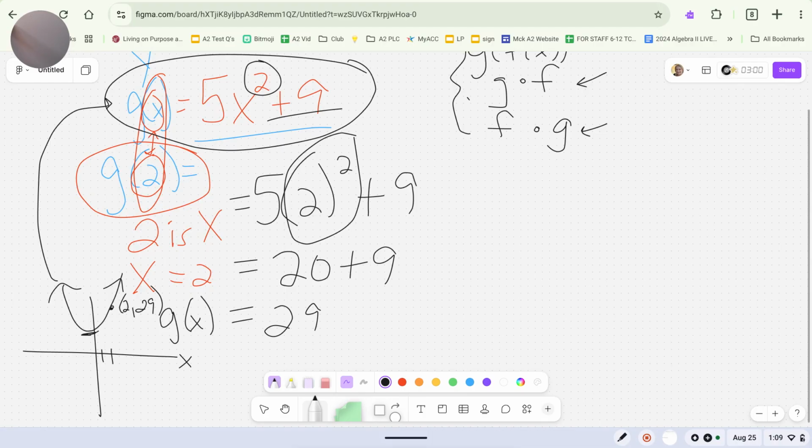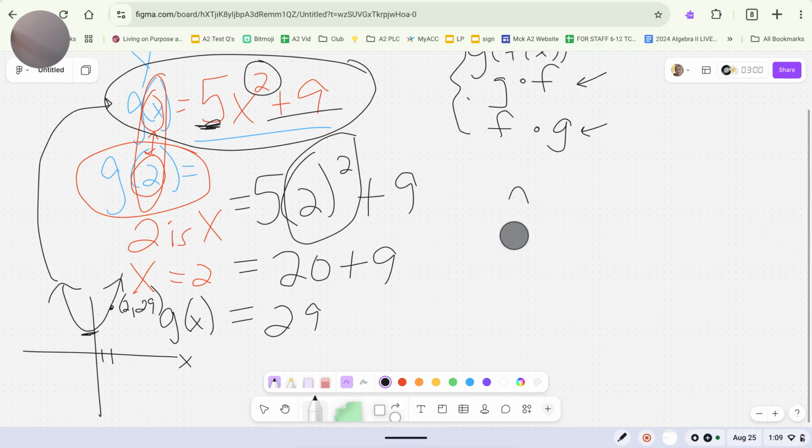And then it's just going to go up, and at 2, it's going to be at 29. And I know that it's going to be skinny, because this tells me whether it's a vertical stretch or a vertical compression. It's a stretch because it's greater than 1. If it was a fraction, it would be fat and flatter towards the ground. So that is what you do.